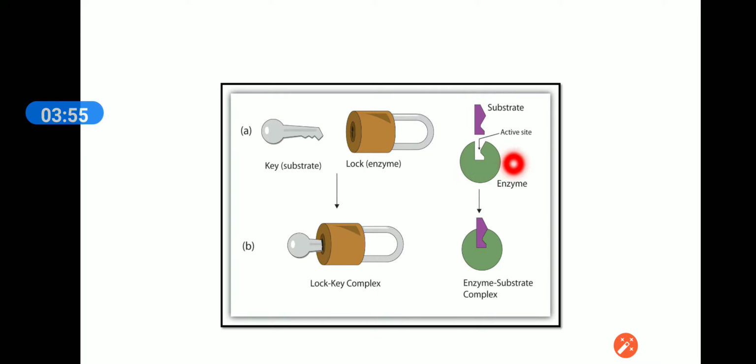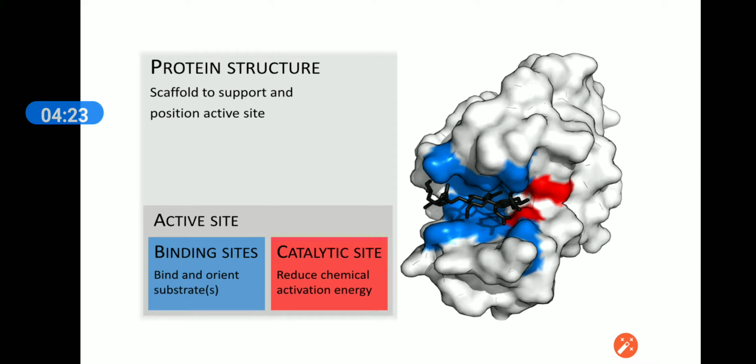There is a complementary site for the substrates within the enzyme, and after the lock and key complex, meaning the enzyme and substrate complex or ES complex, conformational changes occur within that site, and the substrate is converted into product. We have discussed in a previous lecture the properties of this active site.